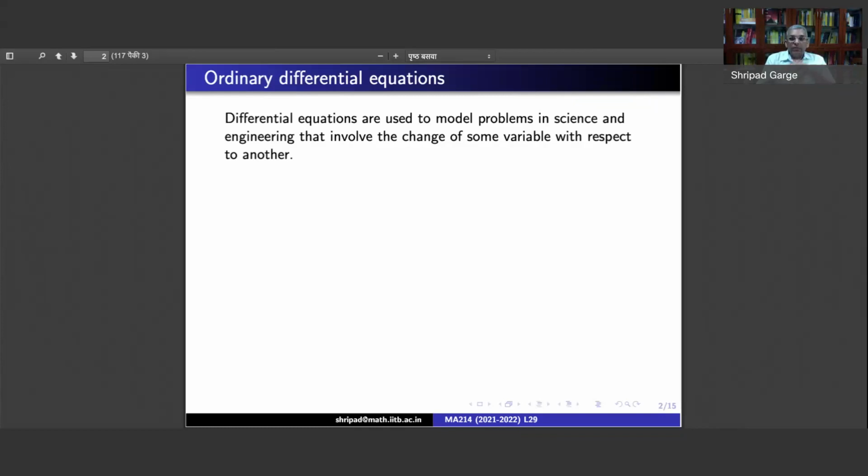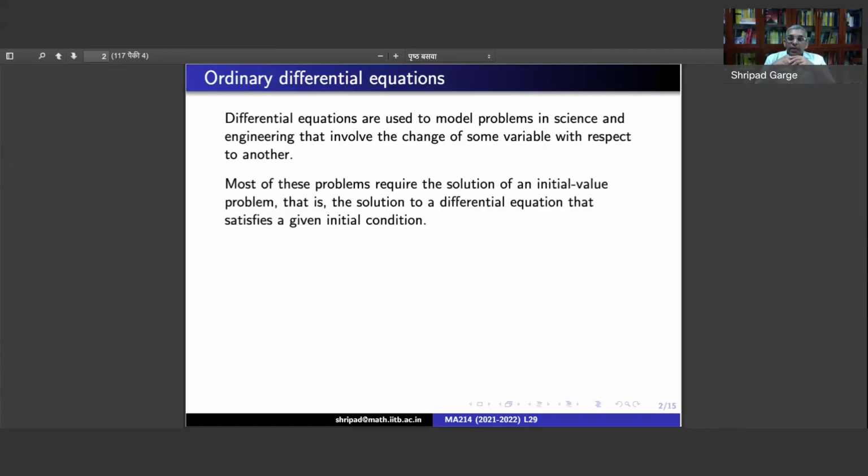We also have to take into account some initial value of the solution that we expect. So the solution is supposed to have an initial value property. That's why these differential equations are called initial value problems, because we not just state a differential equation which your function should satisfy, but we also state an initial value for the function.